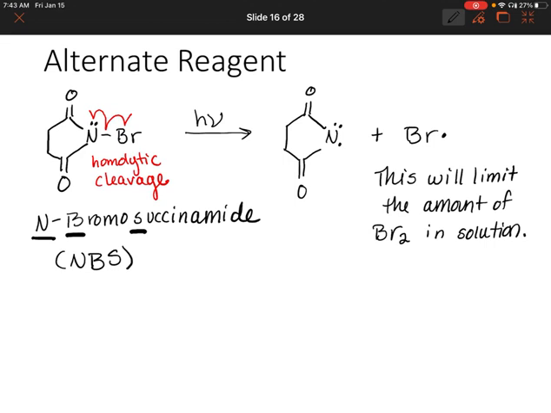So since we're limiting the amount of Br2 in solution, that will favor the formation of the allylic bromine.